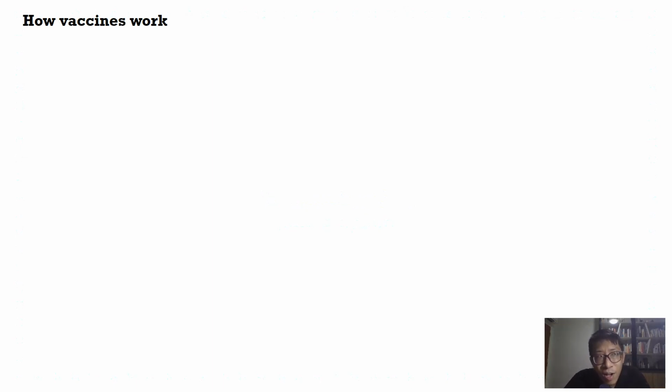Okay, so how vaccines work is really linked to what you have learned in part 1, in which you learned how the immune system works. You learned how the primary and secondary immune responses are triggered, right? So vaccination is really making use of our own immune system to create the immunity for the pathogen.